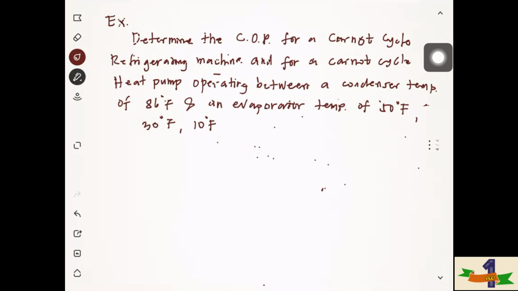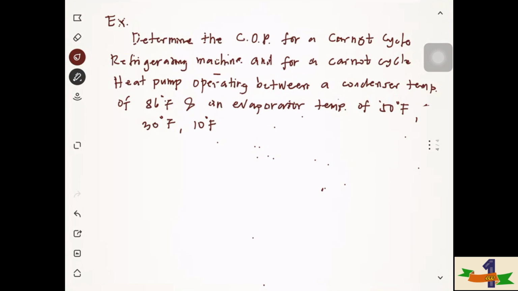So let's consider an example here. Determine the COP for a Carnot cycle refrigerating machine and for a Carnot cycle heat pump operating between a condenser temperature of 86 degrees Fahrenheit and evaporator temperatures of 50, 30, and 10 degrees Fahrenheit. So we will solve first for the refrigerator.